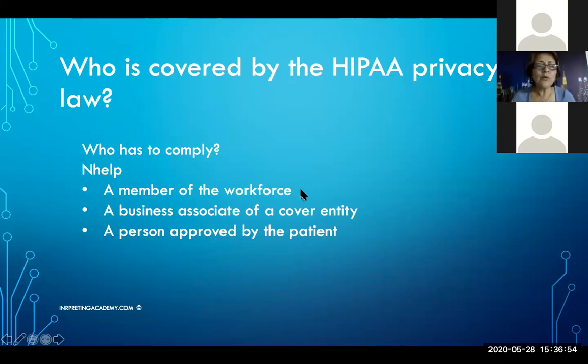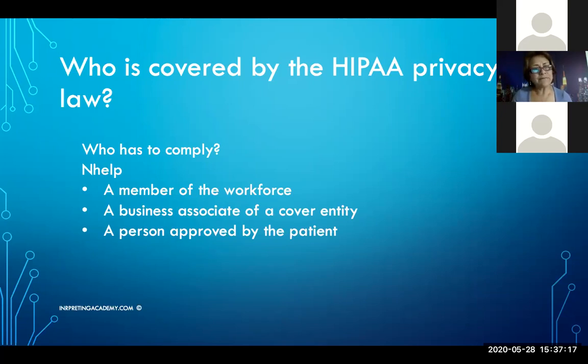So if you work for the hospital directly, you are a member of the workforce. So they have to give you the training. But if you are working for the agency and the agency doesn't control your schedule, you have to comply with the training for HIPAA.